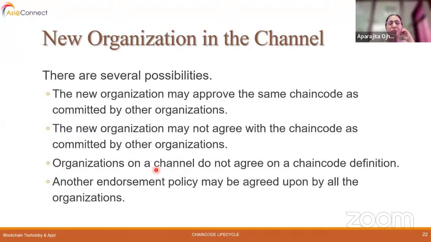So organizations on a channel do not agree on a chain code definition, a new definition, for example, for the endorsement policy. Or another endorsement policy may be agreed upon by all the organizations. So there can be many things which are possible.